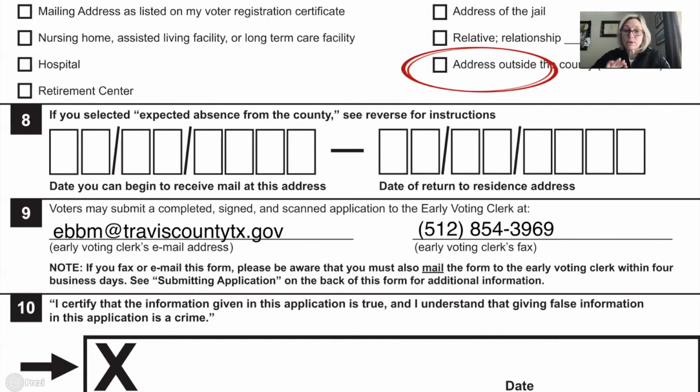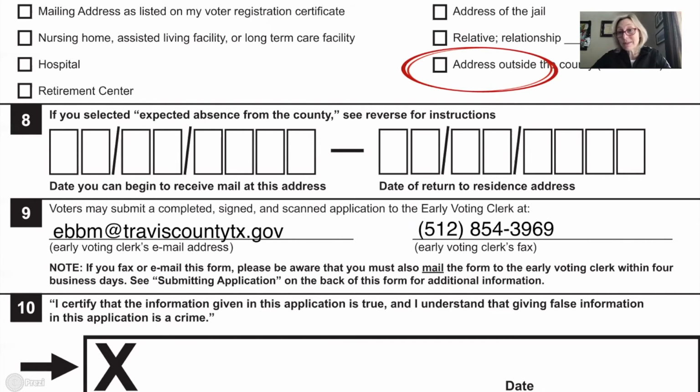Number 9, I would go ahead and skip because the law changed in Texas to where this is not effective. So you're going to need to go ahead and mail this in, and that's what I would do. And then number 10 is the student or whoever's applying needs to sign. And this signature needs to be consistent with the signature they will use on their mail-in ballot.